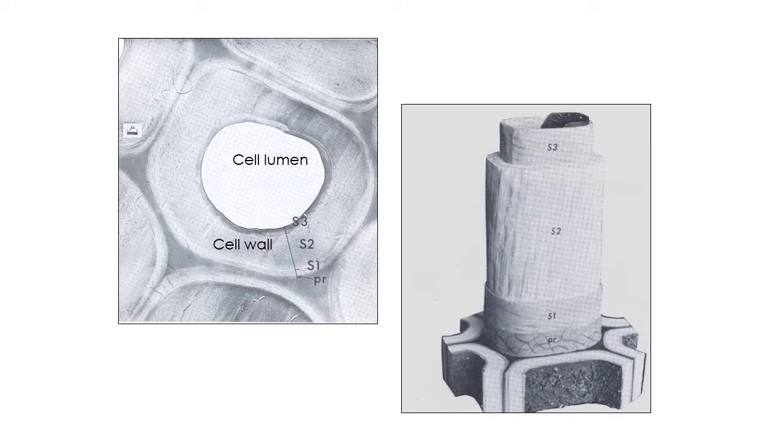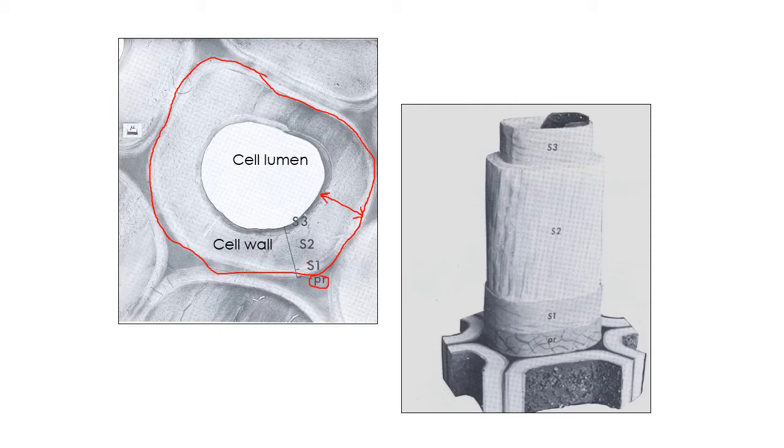So this is the way a xylem cell matures. First we have the primary growth. The cell basically elongates and grows to full size, and so we have the cell wall out here. And then it grows inward as that cell wall thickens, and it thickens through several different stages.